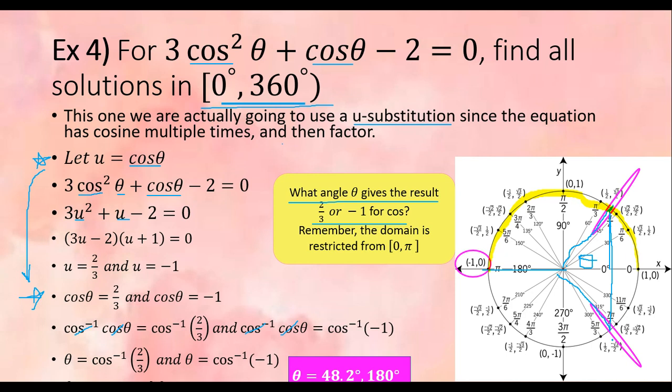So I have 1, 2, 3 values where my function is intersecting. I have 3 intersection points where I get those specific outputs. So 48.2 degrees is this first guy over here in quadrant 1. 180 degrees is right on the border between quadrant 2 and quadrant 3. And 311.8 degrees is the angle in quadrant 4.